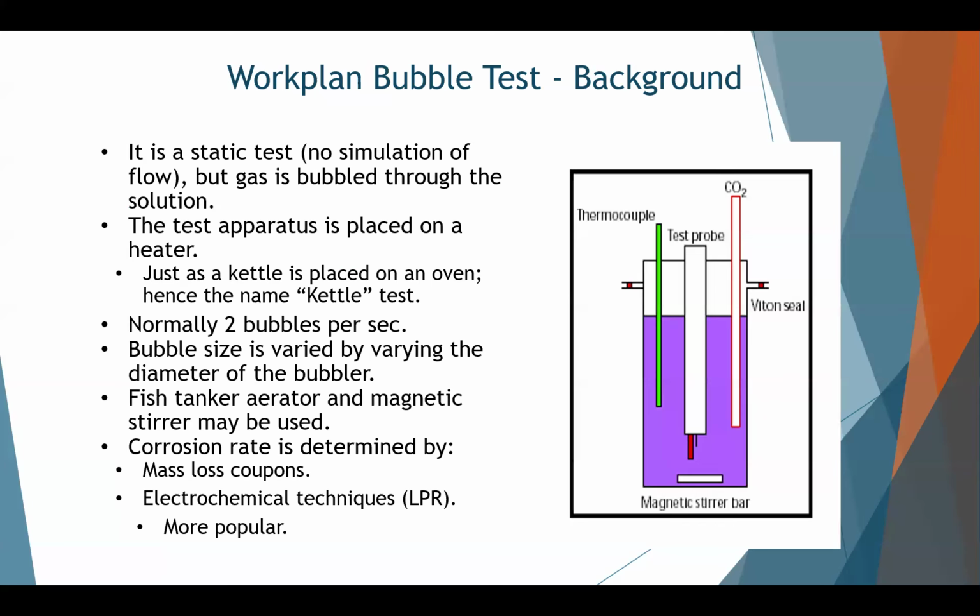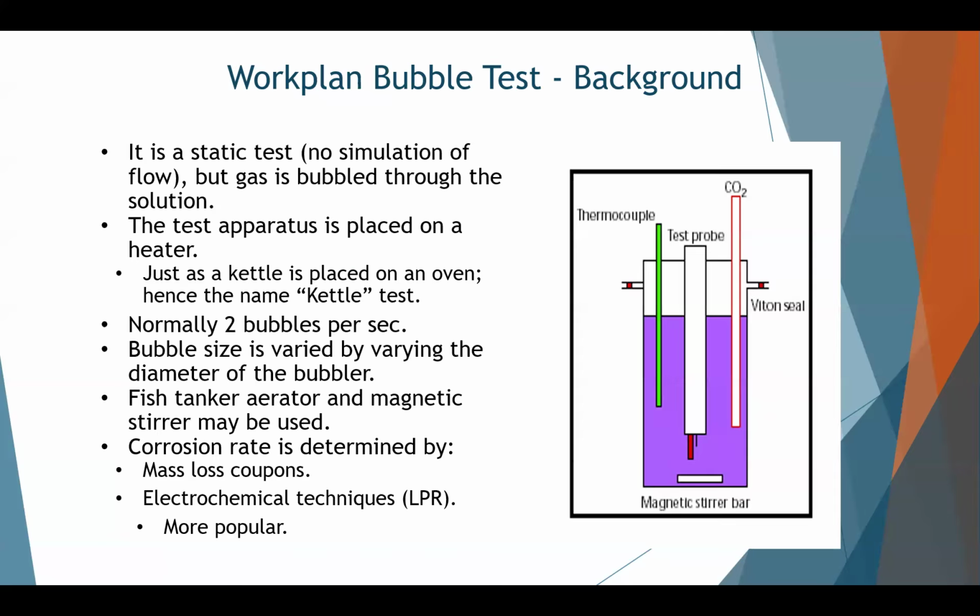Even though this is a very small, very simple test, there are so many parameters that need to be controlled during the test. If you don't control them, it will show variations. For example, the number of bubbles per second will affect the solution saturation. 2 bubbles per second is the norm, but that can vary if you don't control the flow of bubbles.